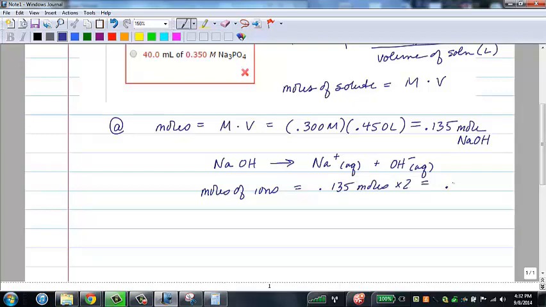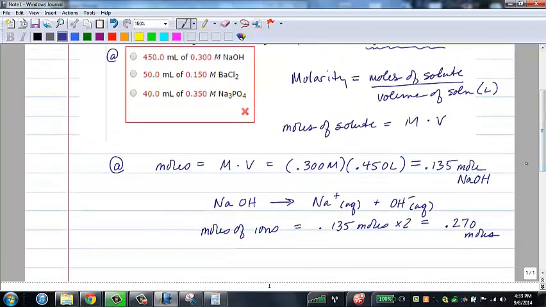So that would be 0.270 moles of ions. And we could multiply that by Avogadro's number to see how many ions that is. But there's no real reason to multiply all 3 of them by Avogadro's number. I can just find the moles of ions and leave it at that. Choose the largest one. That would also be the largest number of ions.